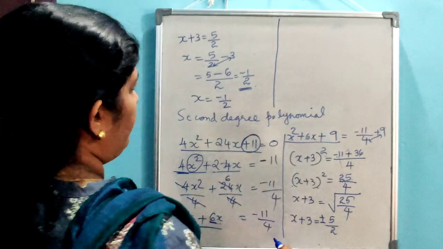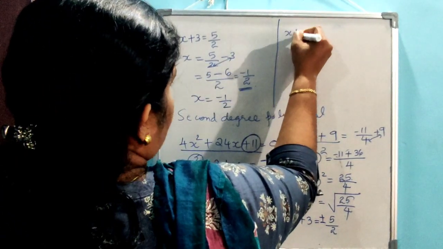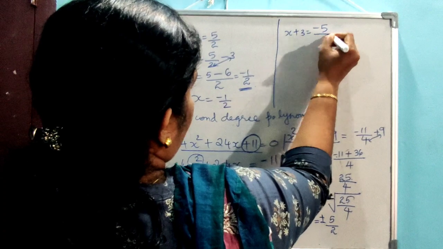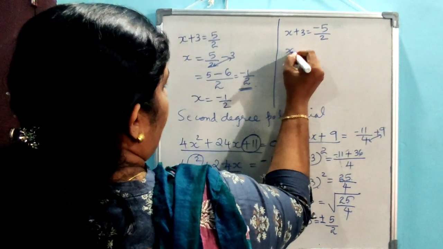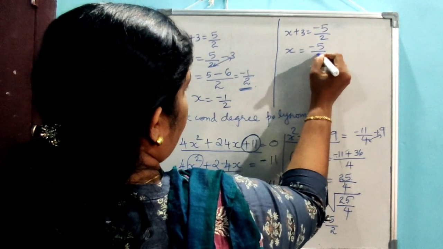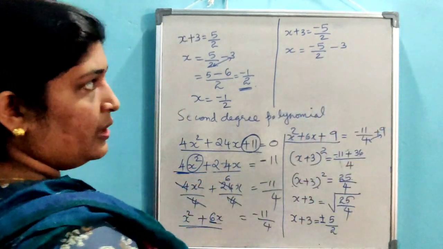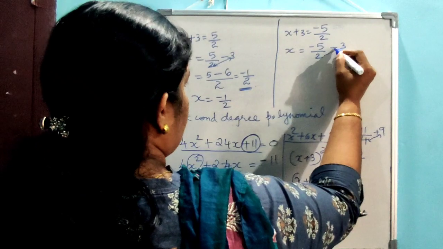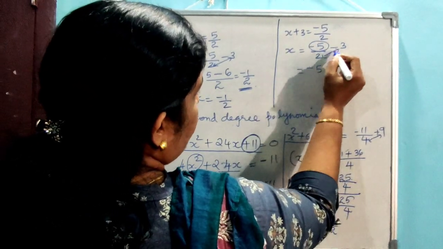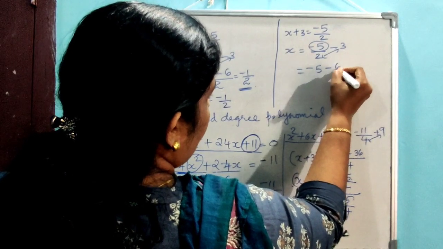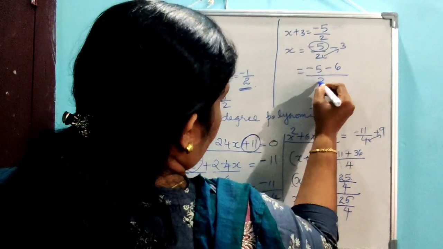Then what about the second value? That is x plus 3 is equal to negative 5 by 2. That is, x is equal to minus 5 by 2 minus 3. Using the cross multiplication method we can write negative 5, then 3 into 2 is negative 6, divided by 2.